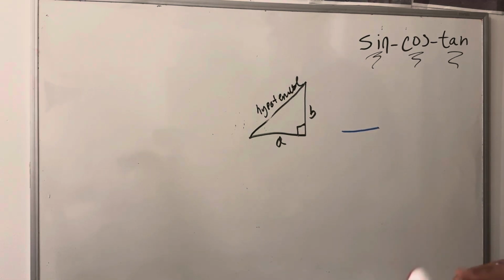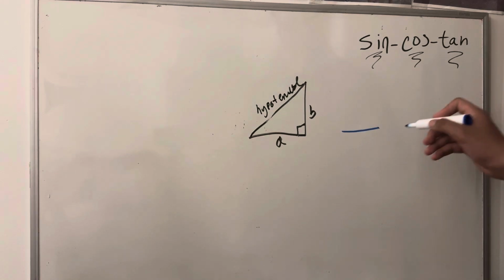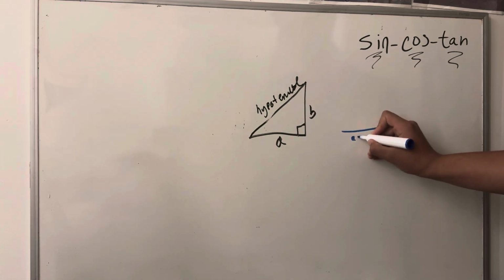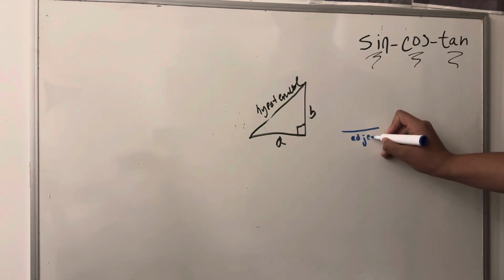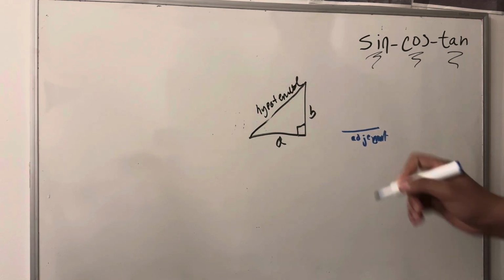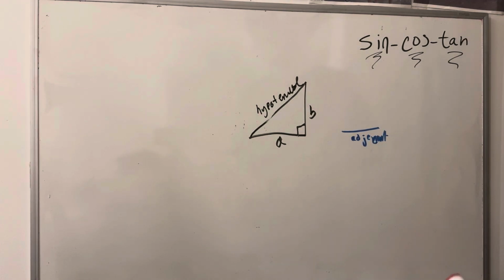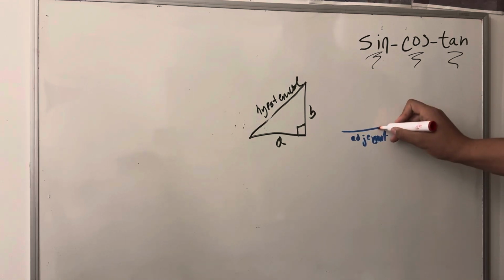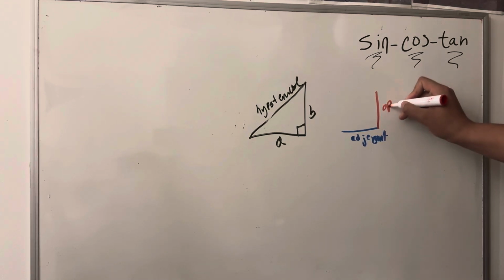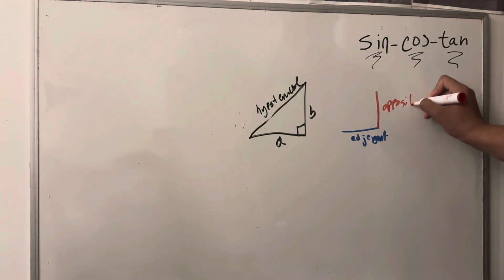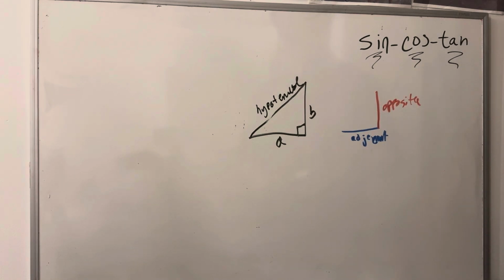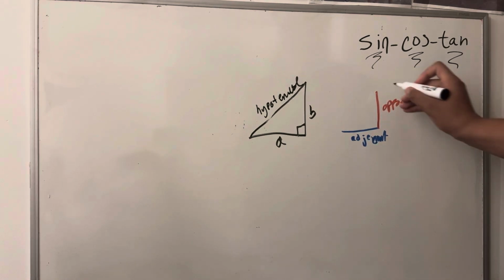We have the first side being established as adjacent, and we have the second side established as opposite, and of course we have the hypotenuse.